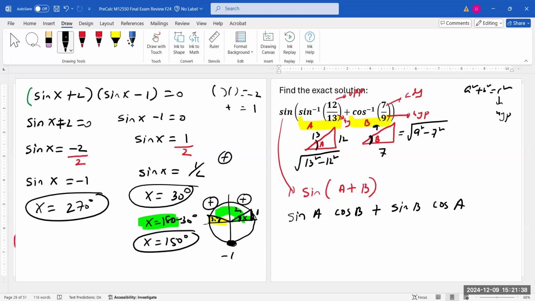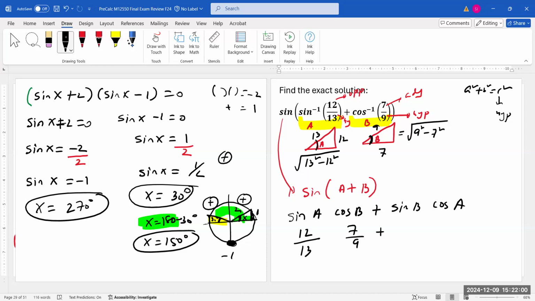So you go to the A triangle, and we find what is sine of that A. Sine is opposite over hypotenuse, so we get 12/13. In the B triangle, cosine is adjacent over hypotenuse, so 7/9.